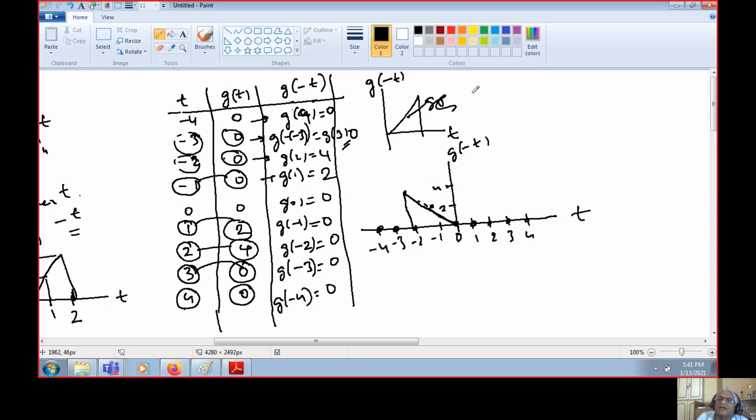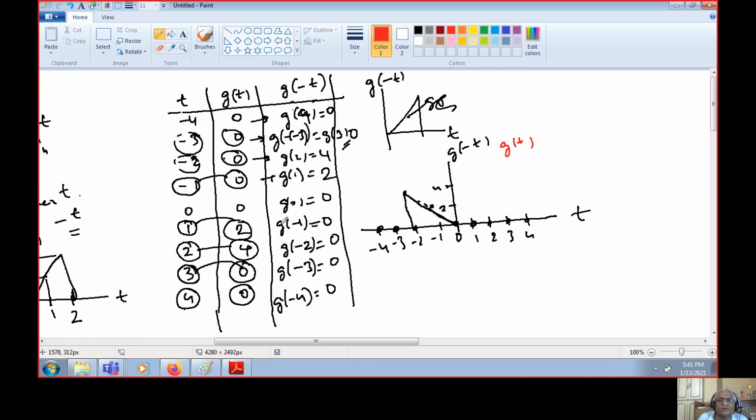What was g of t? Let me put it in red. You can see here g of t we had from 0, is it not? Here you have 1, 2, 3, 4, no?